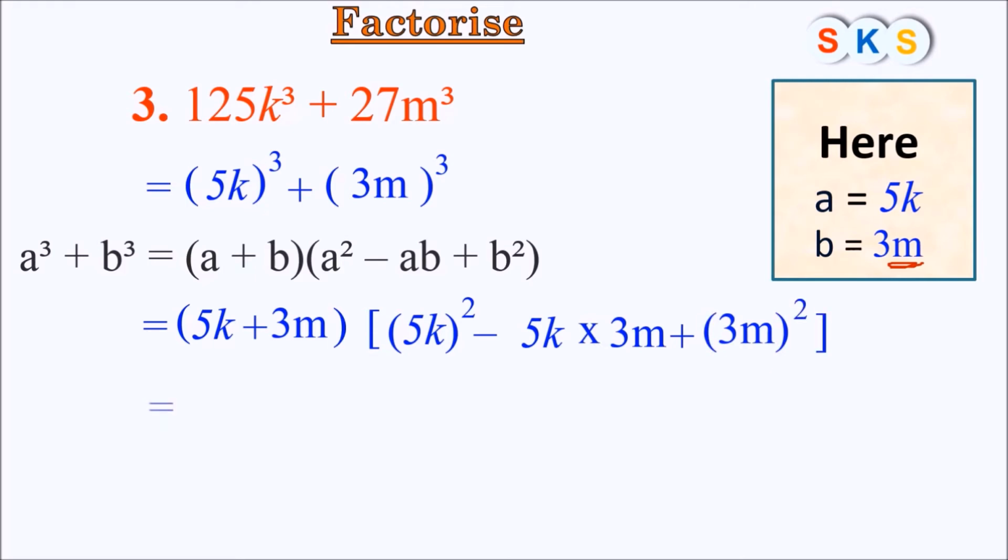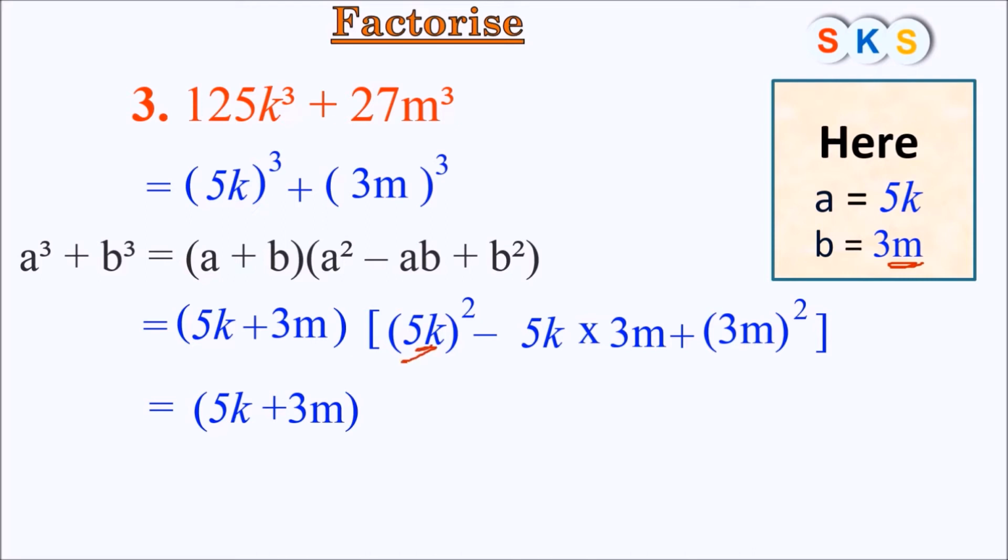Now we will simplify it further. Look at the first bracket, it's 5k plus 3m. We can't add 5k with 3m because they are unlike terms, so we will copy the first bracket as it is. Now in the second bracket, the first term is square of 5k. What do you mean by the square of 5k?